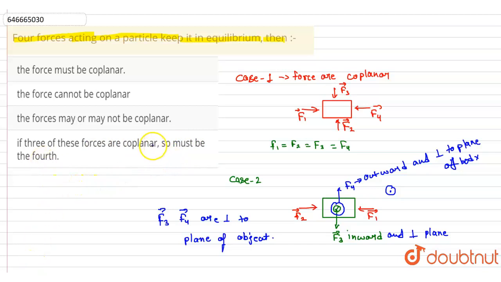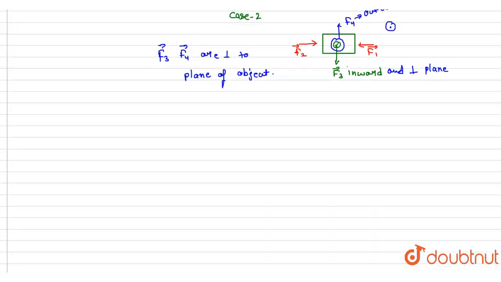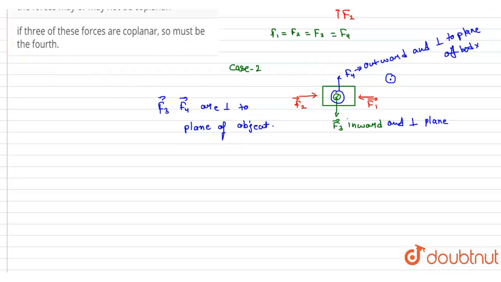So option D says that if three of these forces are coplanar, then the fourth must be coplanar. So it is true, because let me tell you. Case 3.